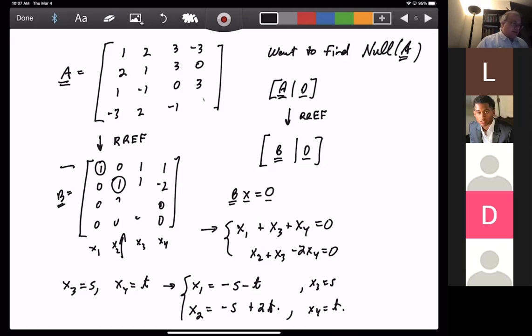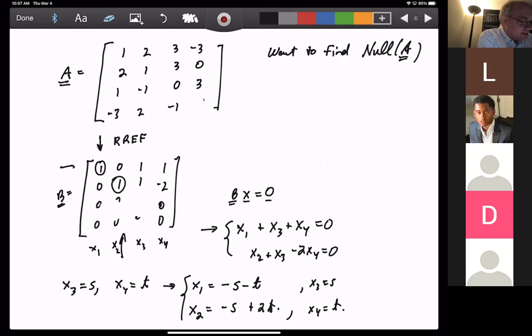All right, so we can write our solution in this form. So x3 was s, x4 is t, x1 is minus s minus t.